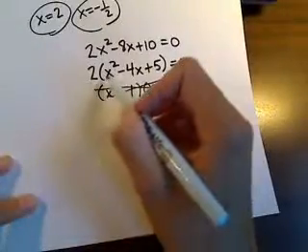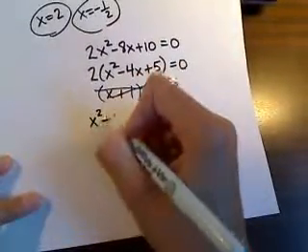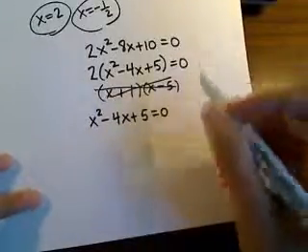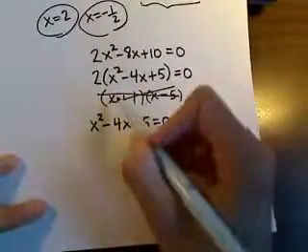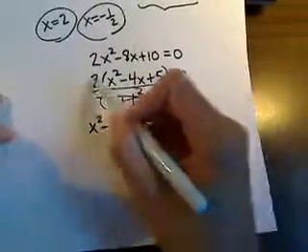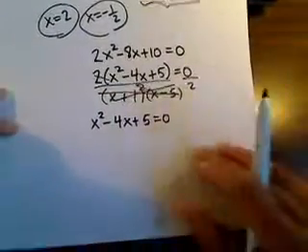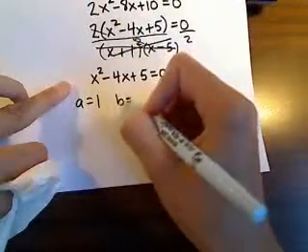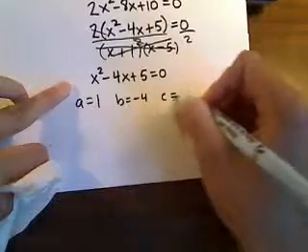So we can actually just stick in the coefficients for this right here, because this quadratic, we could divide out the 2, essentially. Okay, so I'm going to go with this one. We have a equals 1, b equals negative 4, and c equals 5.